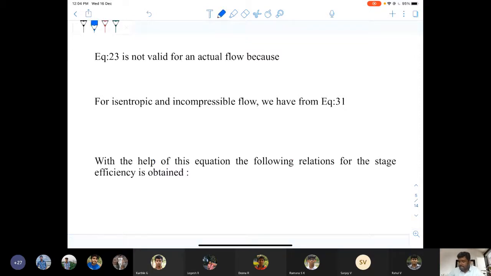Equation 23 is not valid for the actual process. Equation number 23 is not valid for the flow process. That is, equation number 23 is delta P at the stage divided by rho is equal to delta H at the stage is equal to W. This we have derived yesterday.